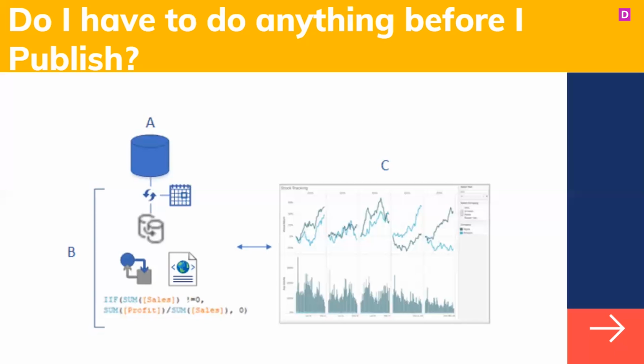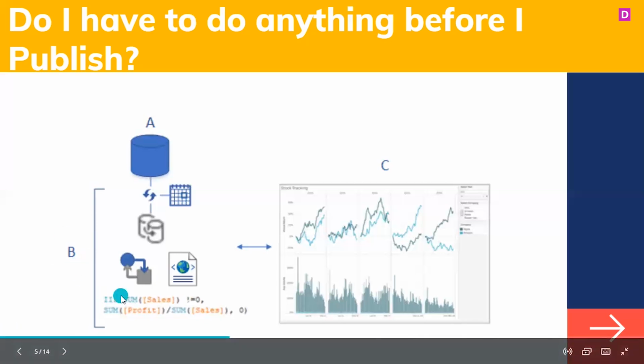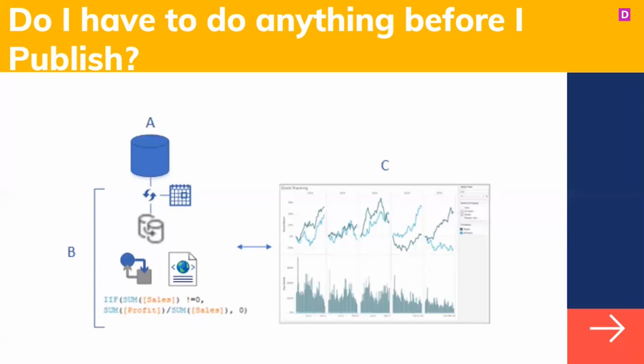The second thing is the one marked as B. This is what you call a Tableau data source. In this Tableau data source, the actions actually happen. It contains all of the XML metadata, and also information about how to access the original data, and any customizations or calculations you made in Tableau.